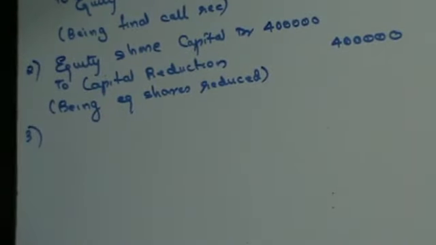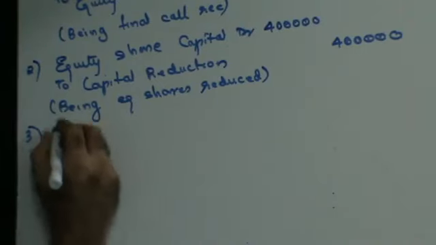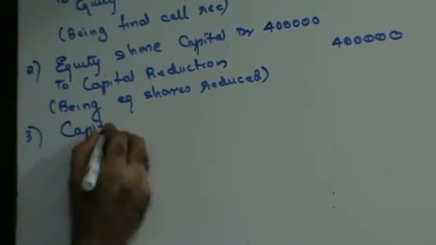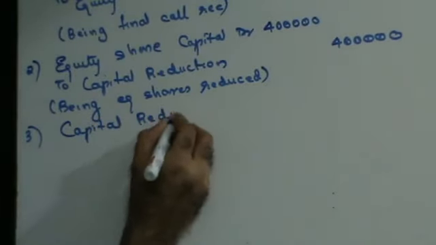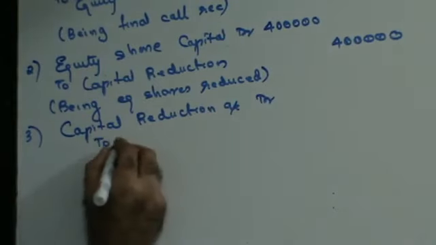They've given you that sales tax liability of 18,000 has to be paid off immediately. Now on the liability side you do not have sales tax liability, right? It is to be paid, money is going out. If you do not have a word in the balance sheet, you do not use it in your journal. So I have to pay, money is on the credit side, so this will be capital reduction account debit to bank.